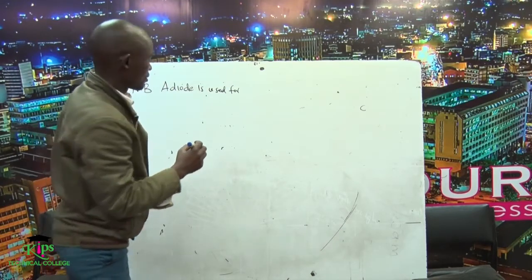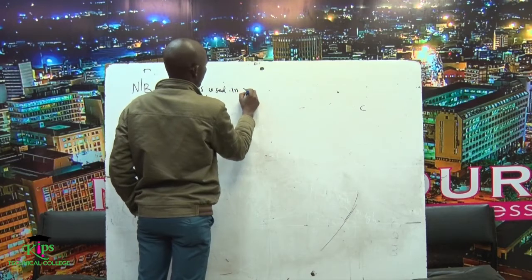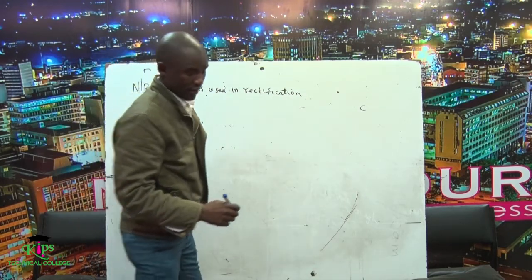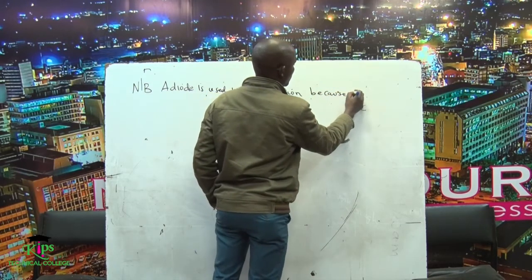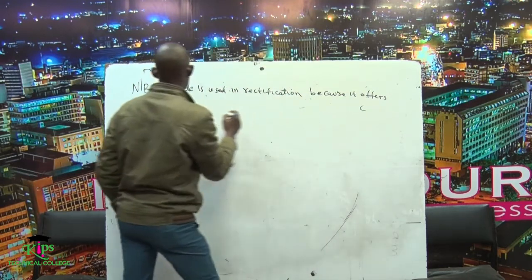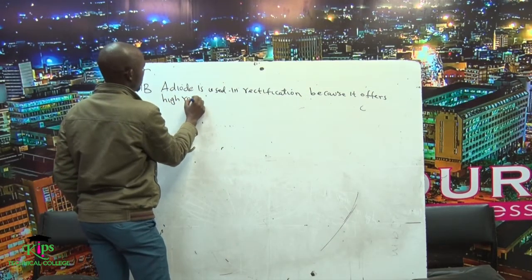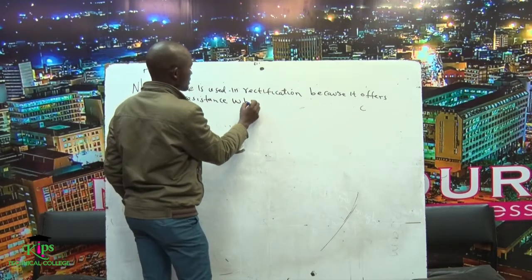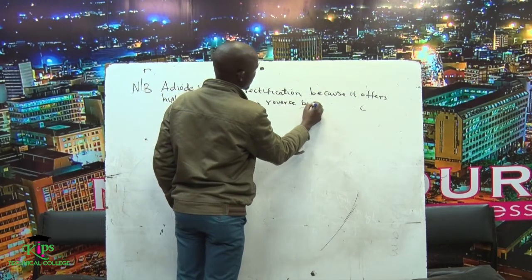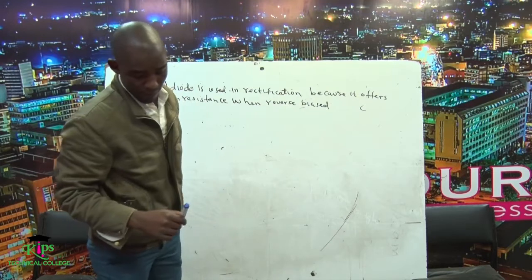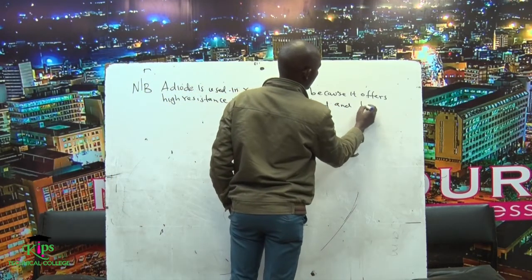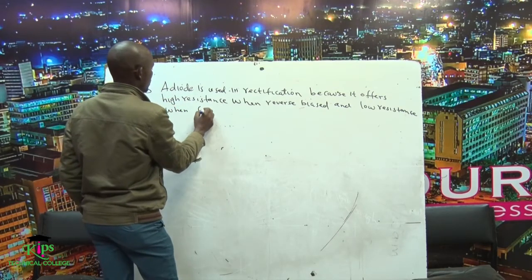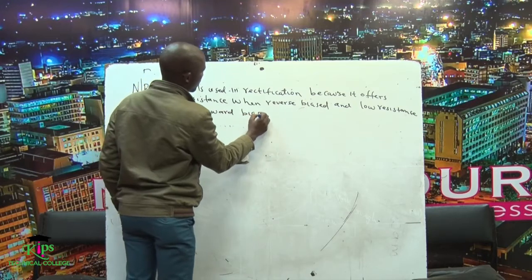A diode is used in the rectification process because it offers high resistance when reverse biased and low resistance when forward biased.